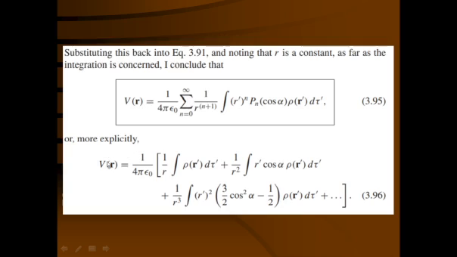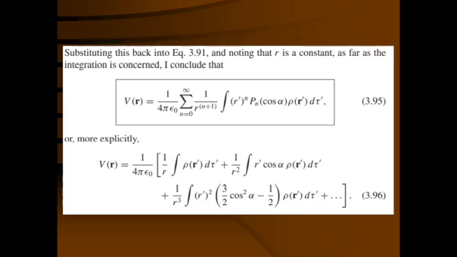Here you can see more explicitly the potential at a distant point with position vector r is equal to 1 upon 4 pi epsilon 0, the first term inside the bracket, 1 upon r volume integration of rho r dash d tau dash, plus 1 upon r square volume integration of r dash cos alpha rho r dash d tau dash, plus 1 upon r cube volume integration of r dash square, 3 by 2 cos square alpha minus 1 half, rho r dash d tau dash, plus 1 upon r raised to 4 volume integration of r dash cube, 5 cos cube alpha minus 3 cos alpha upon 2, rho r dash d tau dash, and so on.